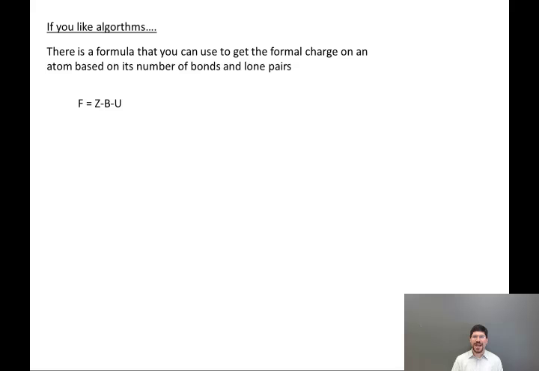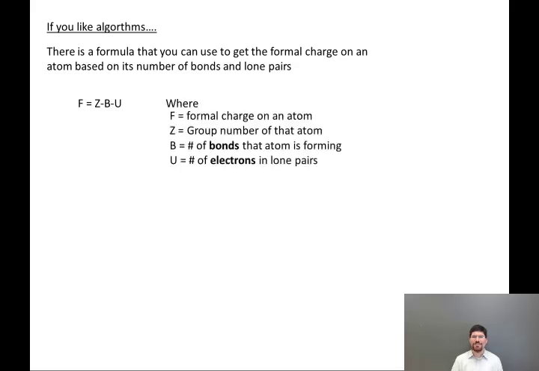F equals Z minus B minus U, where F is the formal charge on an atom, Z is the group number of that atom on the periodic table, B is the number of bonds that that atom is forming, and U is the number of electrons in lone pairs. Not the number of lone pairs, the number of electrons in the lone pairs, also known as the unshared electrons, which is why it's U in the formula.